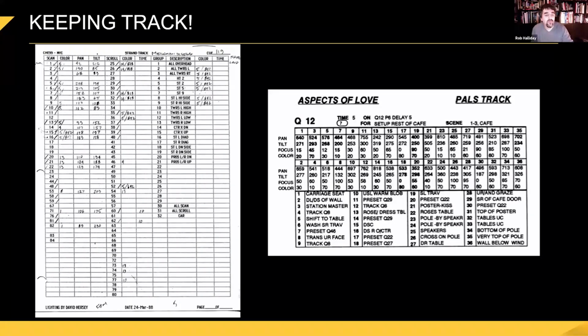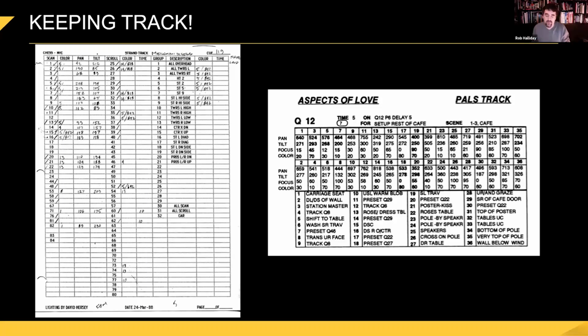In fact, it says at the bottom, 1988, if I look. So manual notation of the pan tilt values and then what the light's actually trying to do. Aspects of Love, they clearly started doing it in some kind of computer system, but it's the same thing, which is a manually written record of 640, 271, and what that actually means, where the light's actually pointing.